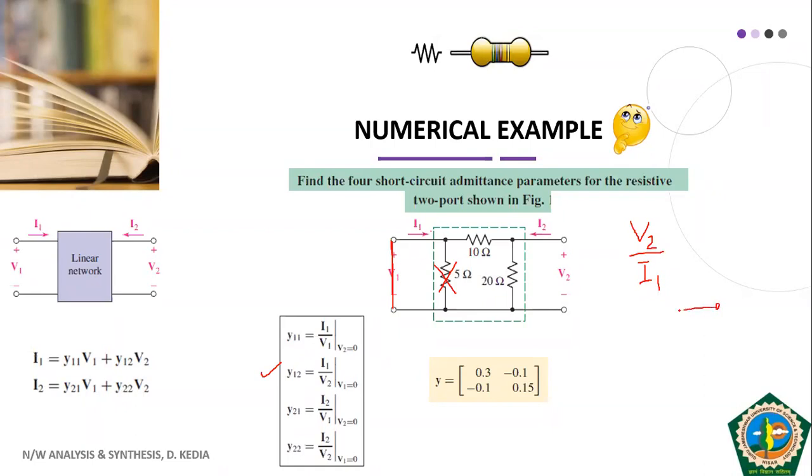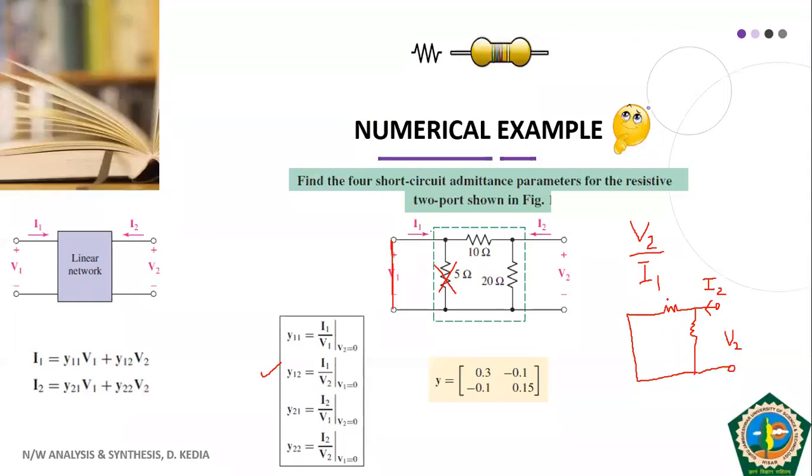So this is your 10 ohm resistance, this is short. Okay, this is your 20 ohm resistance, and here we have this thing. This is your second terminal. Here we have V2. Okay, and this is your I2.